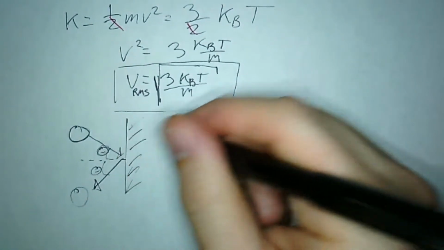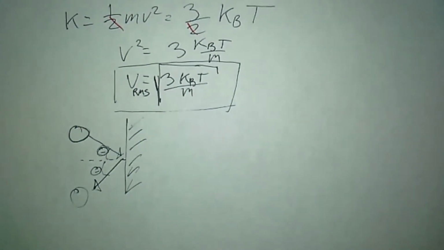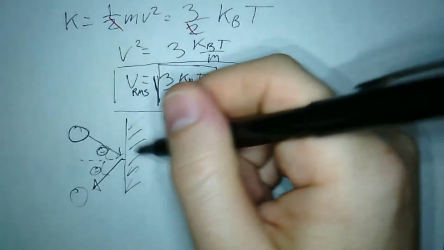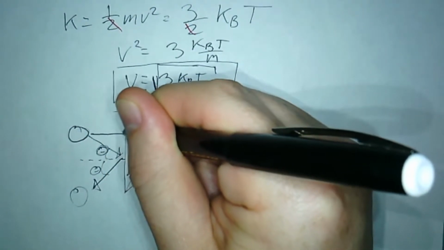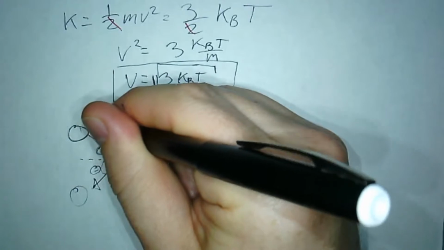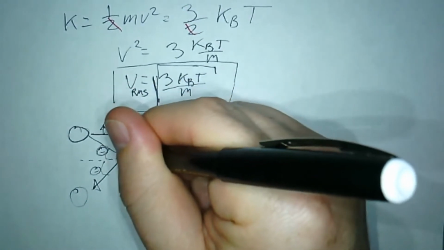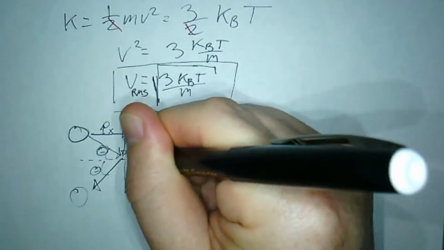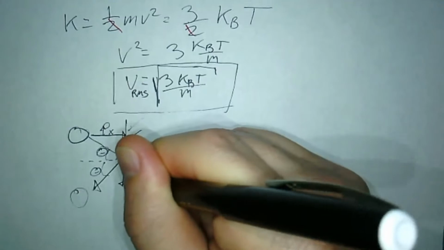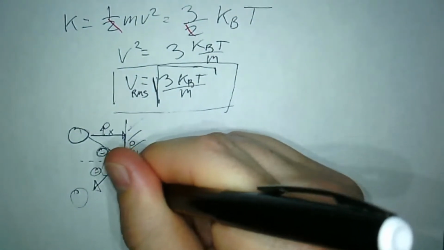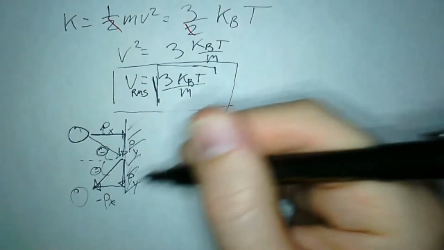Well, we said that in the x direction the momentum changes, because you have momentum this way. So you have px, you've got py, and here you've still got the same py, because that hasn't changed. They're still in the same direction. But here you have minus px. It's in the other direction.